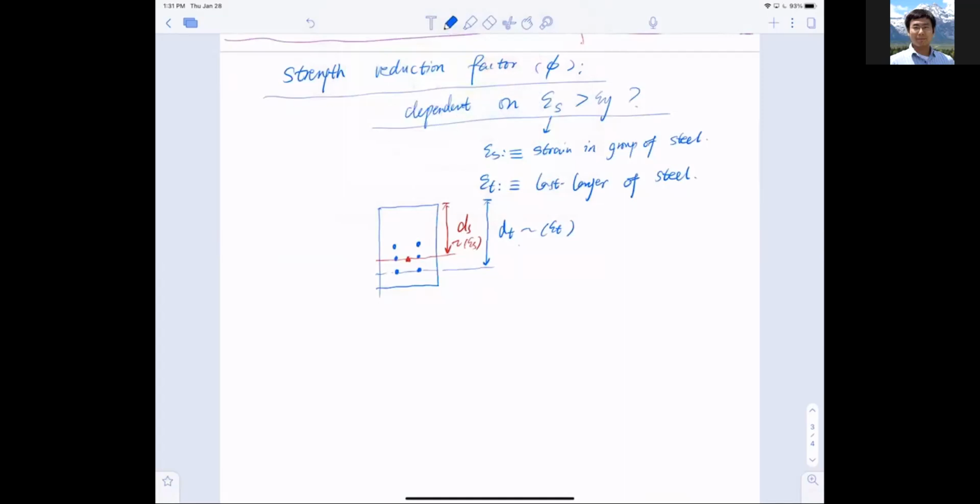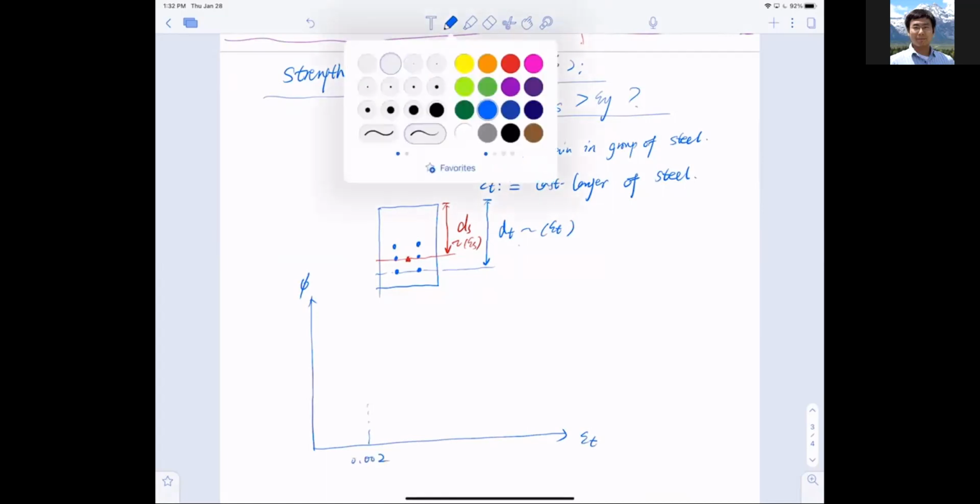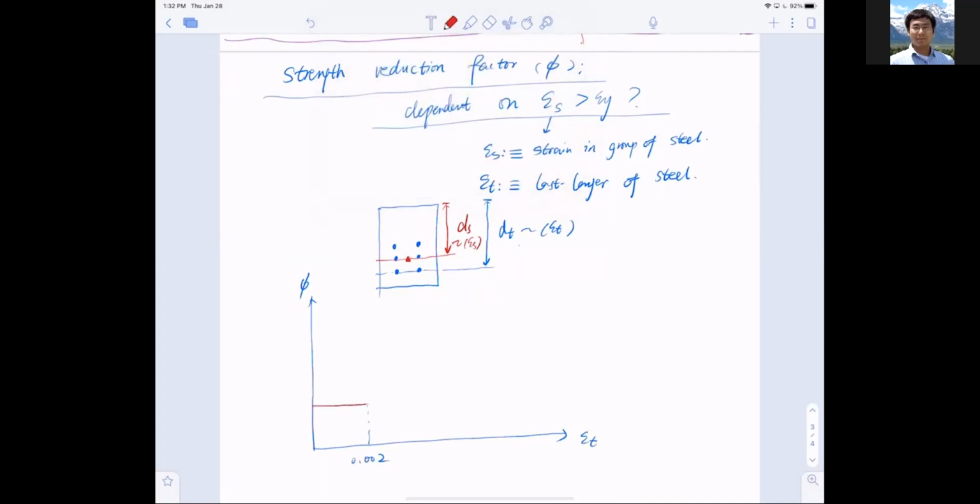We define a strength reduction factor phi, and the horizontal axis will be epsilon t, which is the strain in the last layer of the bars. Now if epsilon t is equal to 0.002 or smaller, we have one set value of phi.